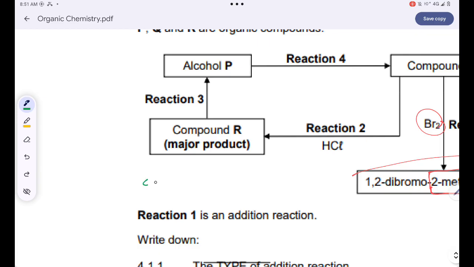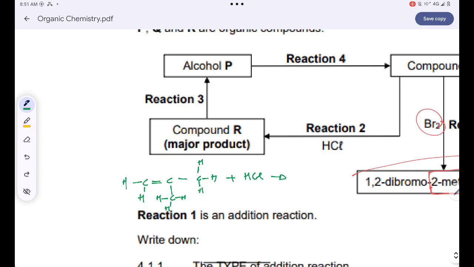Remember that we had methyl-prop-1-ene like this. And then we are adding HCl. We are forming a major product, right?